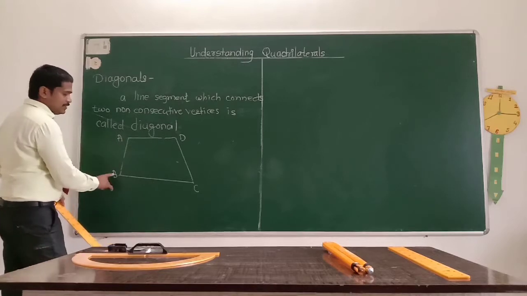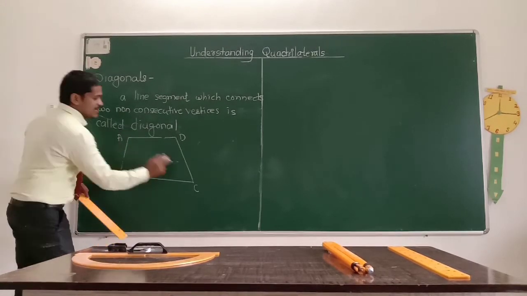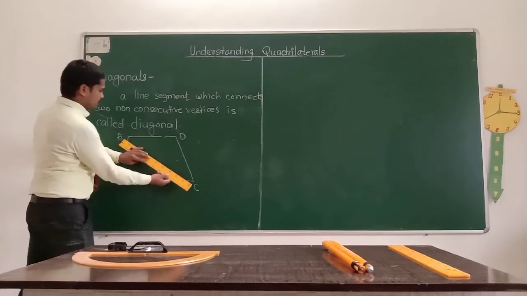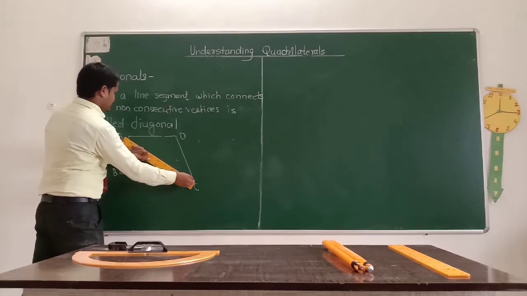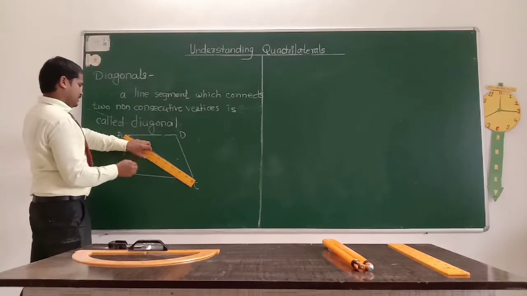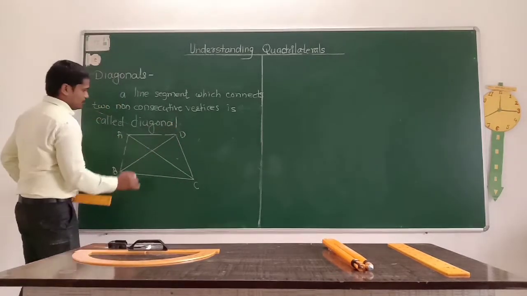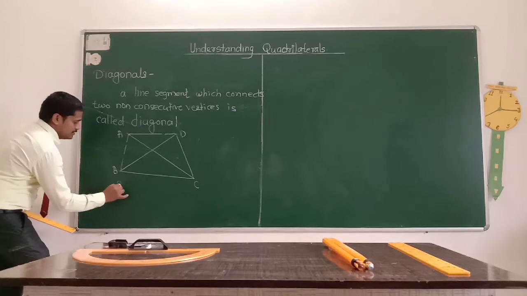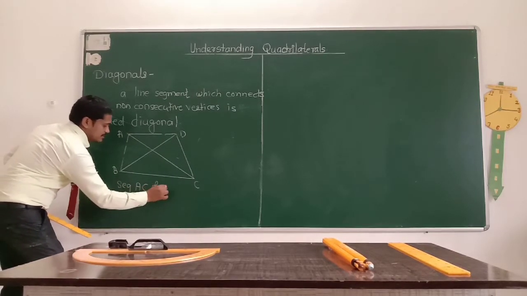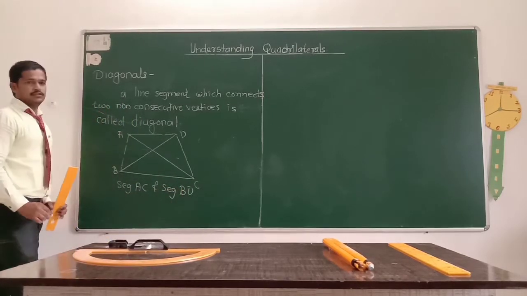Now see, A and B are consecutive vertices, and A and C, and B and D, are non-consecutive vertices. The line segment which joins these is known as diagonal. So in this quadrilateral, segment AC and segment BD are diagonals.